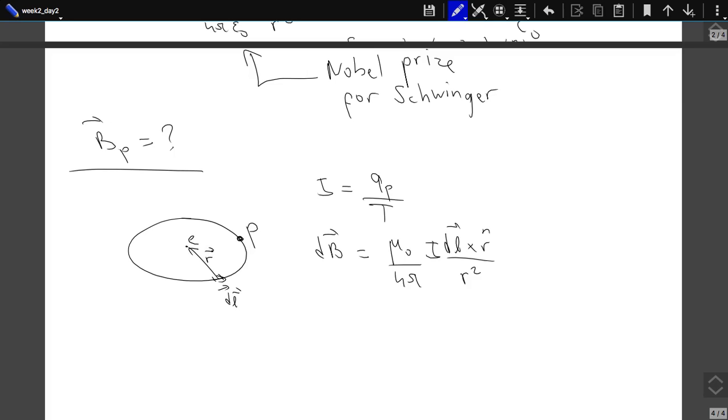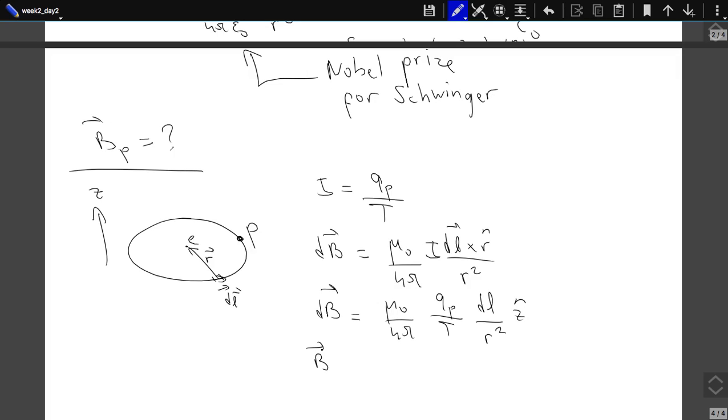The direction of dl cross r is upward. This is equal to mu 0 over 4 pi, the charge of the proton divided by the period of rotation, times dl cross r hat over r squared. dl cross r hat just gives me dl in the z direction, since they are perpendicular to each other. So dB is in the z direction.